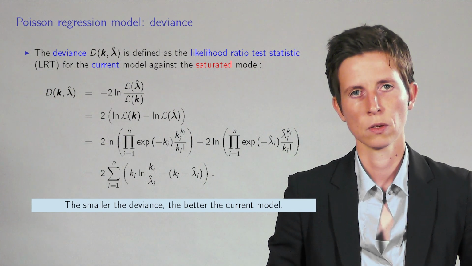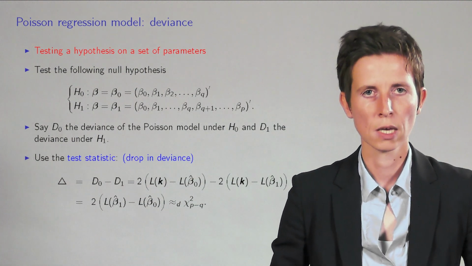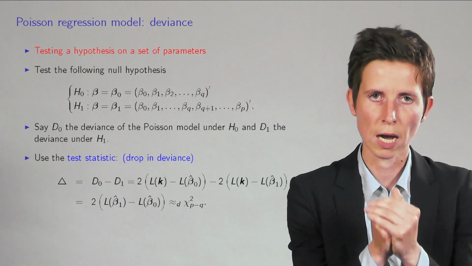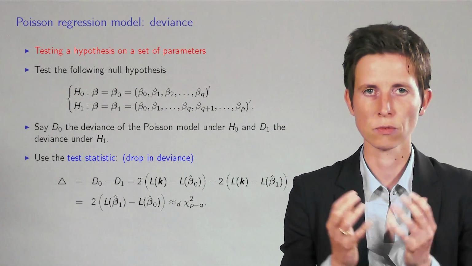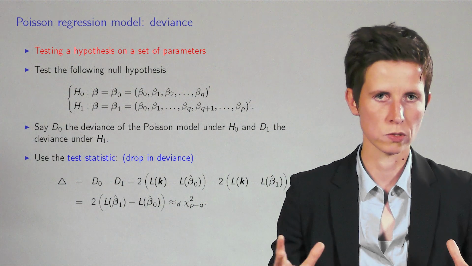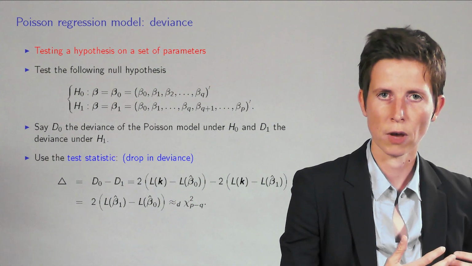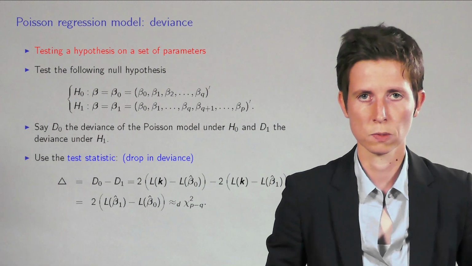And we now explain how this deviance statistic can be used to test a hypothesis on a set of parameters. For example, say that our null hypothesis is of the following form, and the alternative hypothesis looks like this.